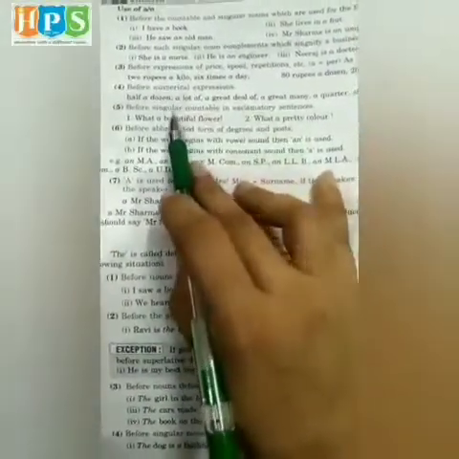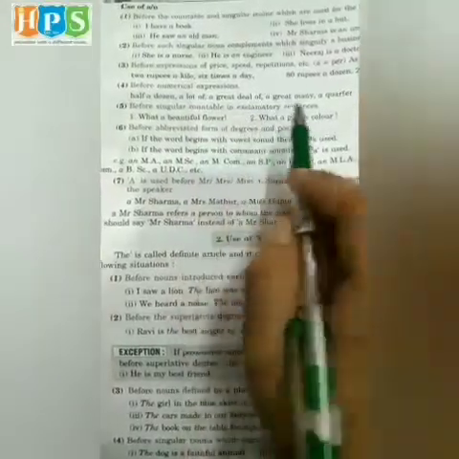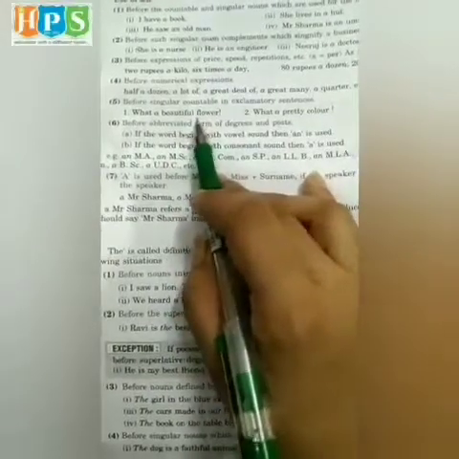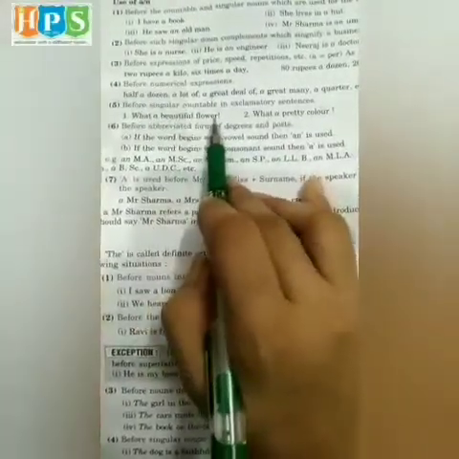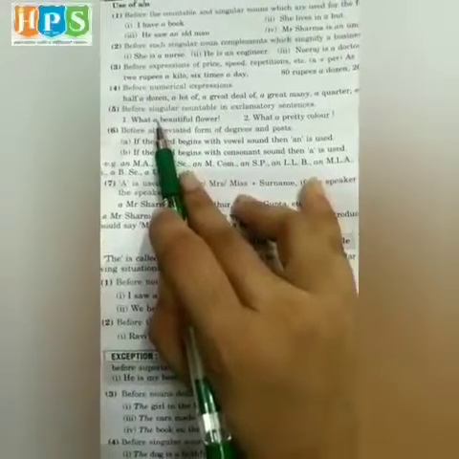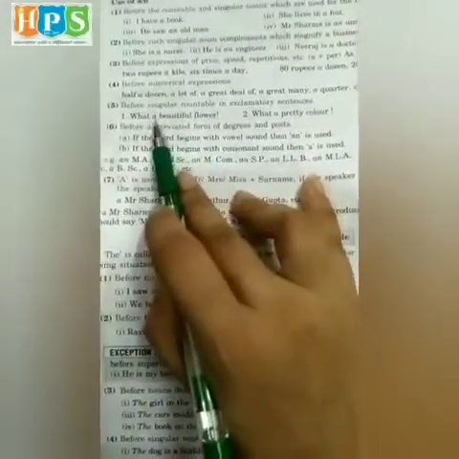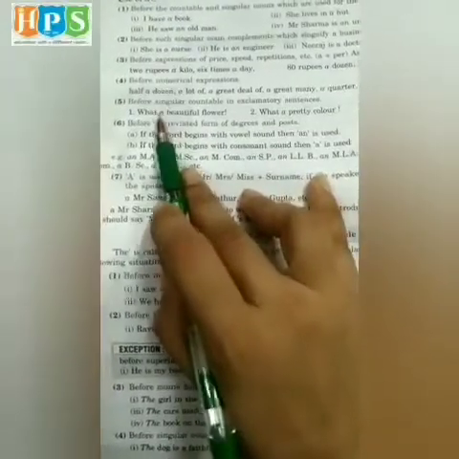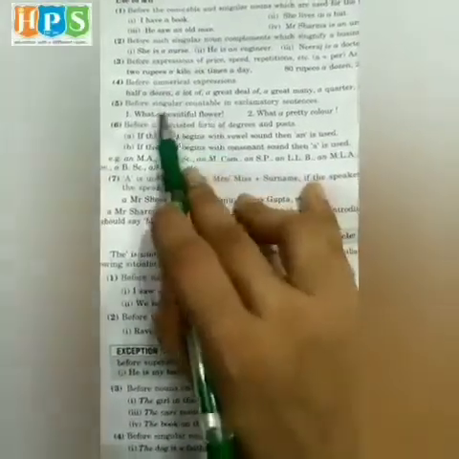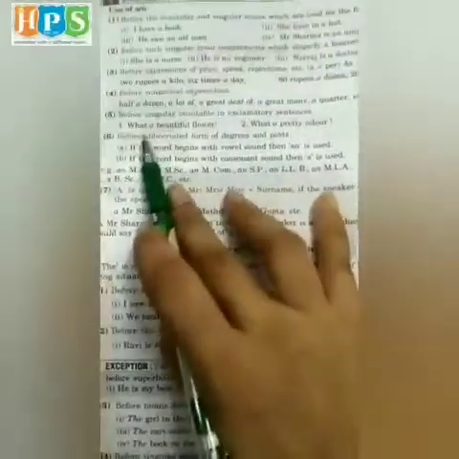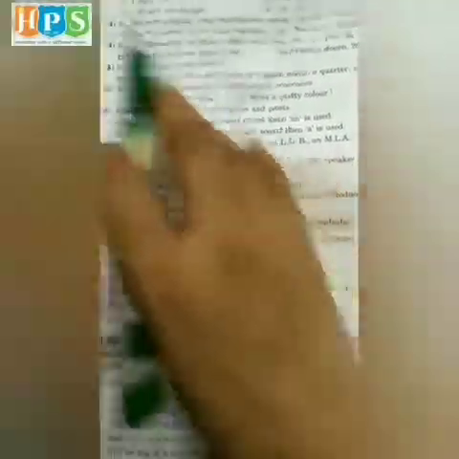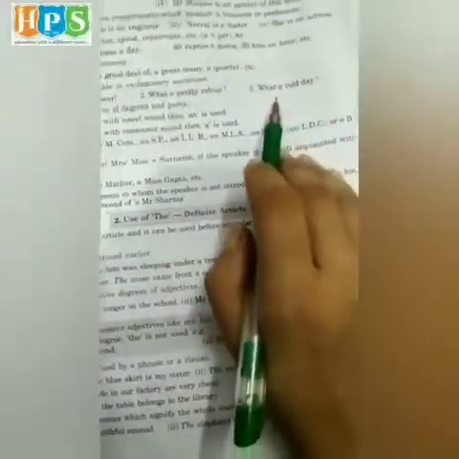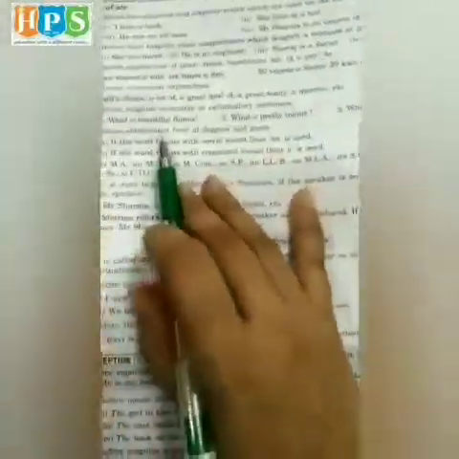Whenever we use a singular countable noun in exclamatory sentences, which are used for exclamation, we use a or an before the singular countable noun. For example, what a beautiful flower, what a pretty color, what a cold day, what a hot day.